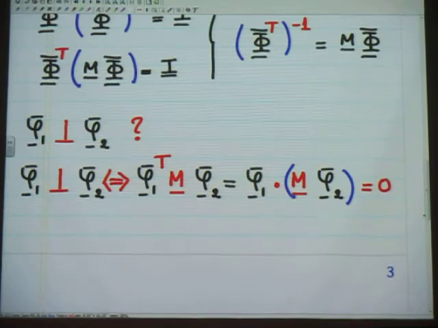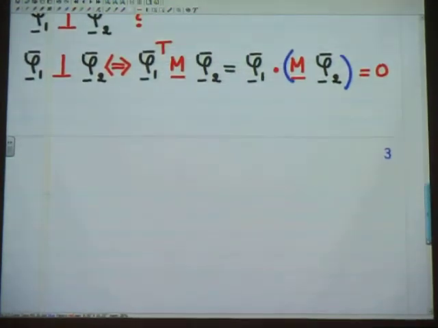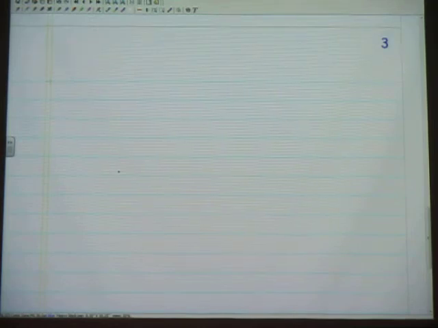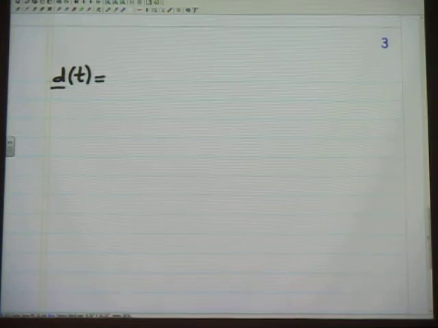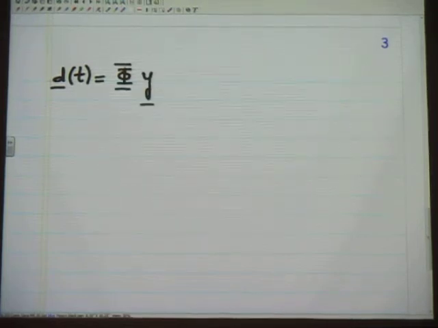Okay, so what Casey said is the following, and we have done this many times. The matrix D, the displacement matrix, is the matrix of the normalized eigenvectors times the matrix of the modal coordinates. Everyone remember this?